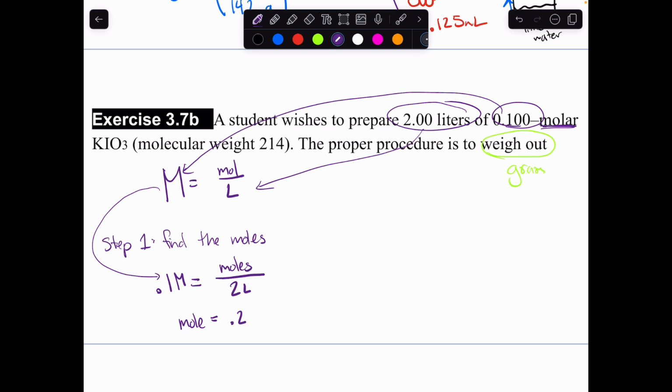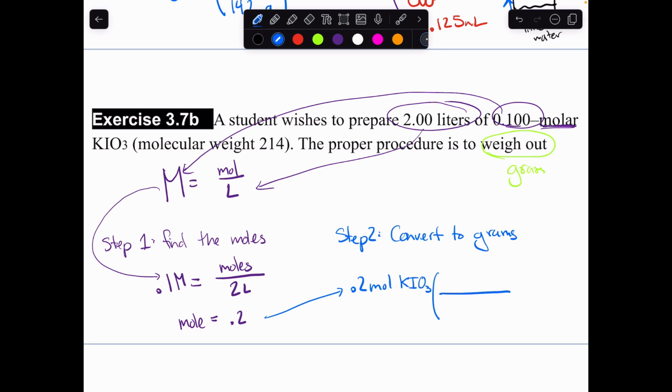Now step 2 is convert to grams. I'm going to take this 0.2 moles that we found of our KIO3, and I need to convert that into grams.